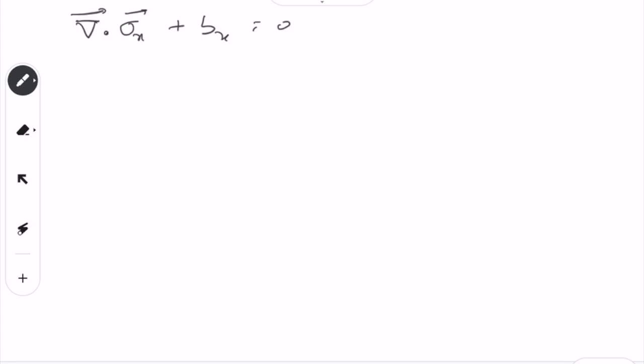Finally we have to write this in terms of u also, but right now let's not bother about it. Eventually we have to find out sigma x as a function of ux and uy.